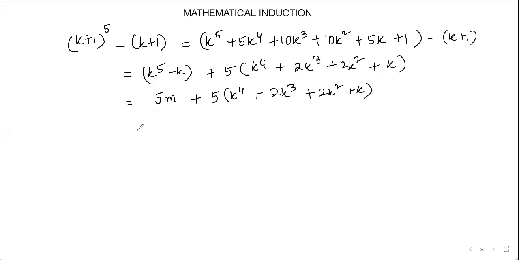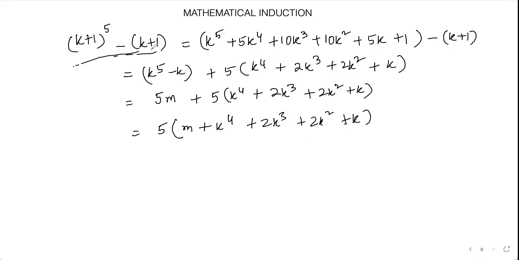Right? Now this will be equal to 5 times m plus k to the power 4, 2k cube, 2k square plus k.